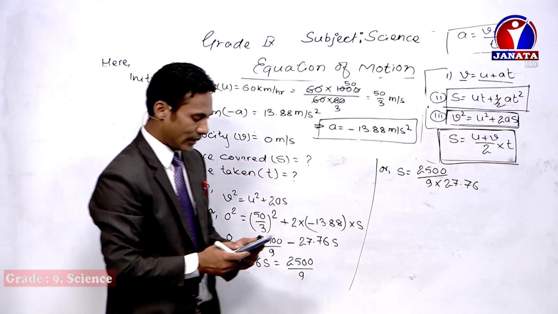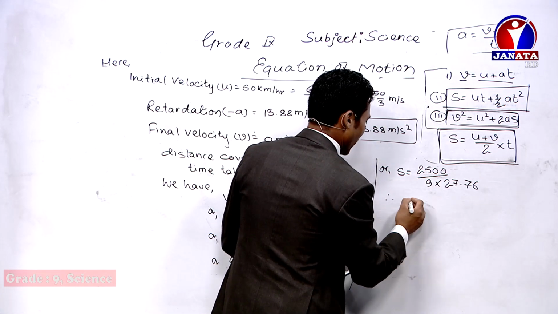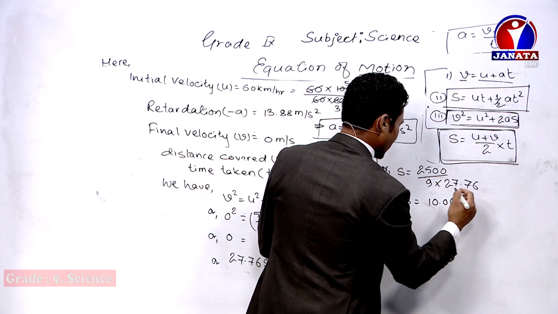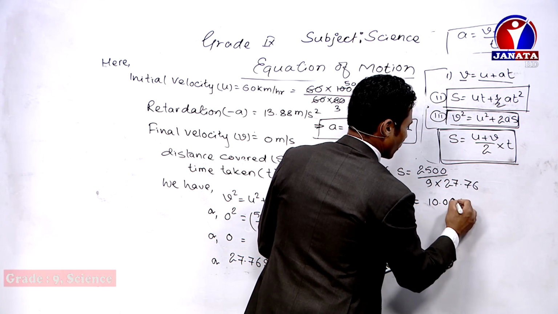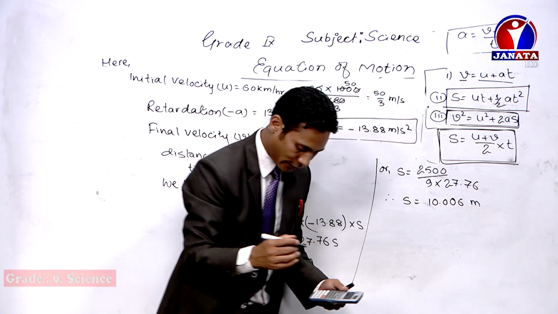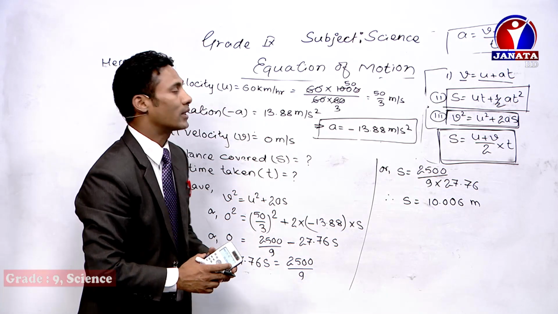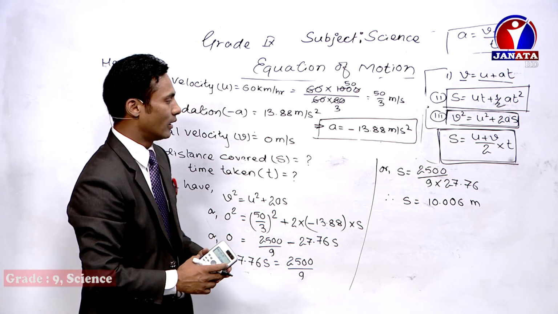So the answer is, therefore, s equals to 10.006. It's a distance, so unit is meter. Clear? So like this we can find the distance covered after applying the brake.